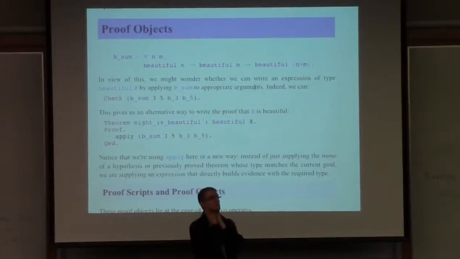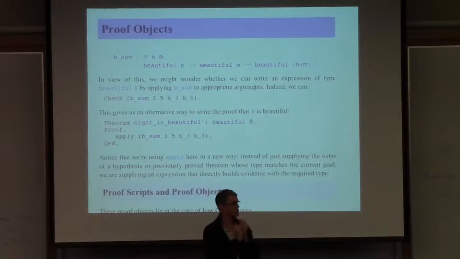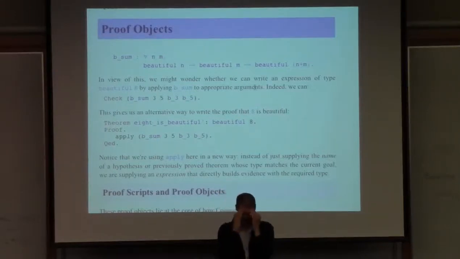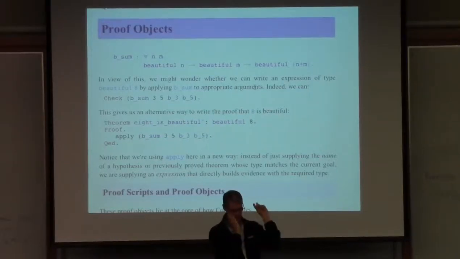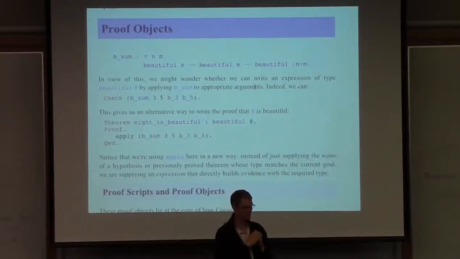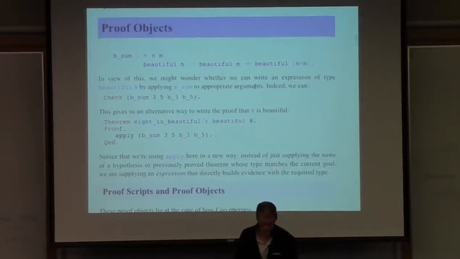I'm hedging a little bit because inversion is a kind of complicated beast. Some proof involving inversion might translate into this, but on the fly, I'm not sure. Other questions? All right.